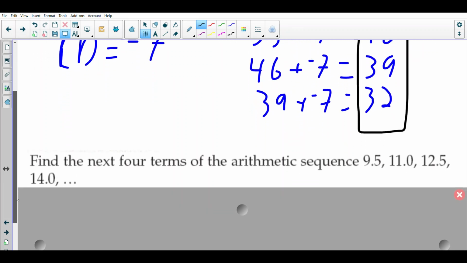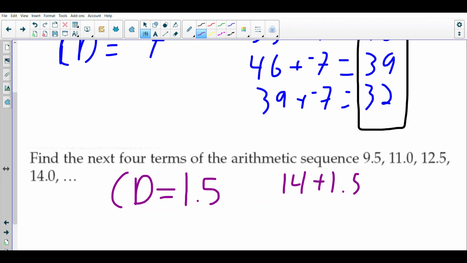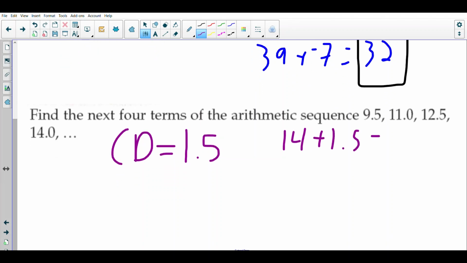Okay, so the next four. They want us to find the next four terms of the arithmetic sequence 9.5, 11, 12.5, 14. Our common difference looks to be plus 1.5. So we start at the end, 14 plus 1.5, and that would give us 15.5.